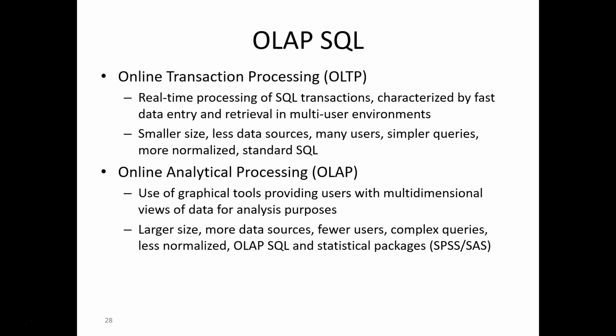Finally, another concept to understand is the differences between SQL for online transaction processing, or OLTP, and SQL for online analytical processing, or OLAP. Traditionally, enterprise databases were created to support the operations of the business. Therefore, they are considered online transaction processing systems.